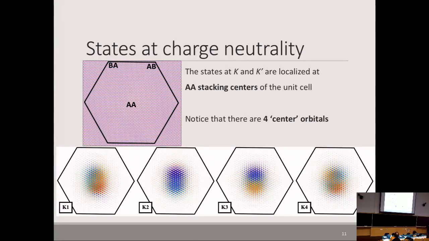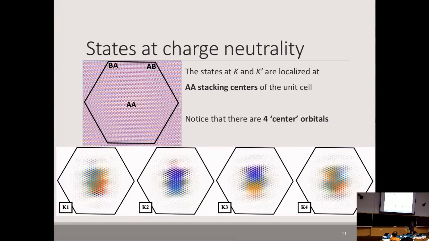In the center, the way I draw it, is the AA type stacking, and on the corners you have AB and BA, etc. For the states at the K and K prime points, the size of the blobs is the absolute value of the wave function, and the color is the phase. You can clearly see that these wave functions are not homogeneous throughout the unit cell. They are very strongly localized around these AA points. And these are the 4 different states that you get. 2 of them are degenerate exactly at the K point.